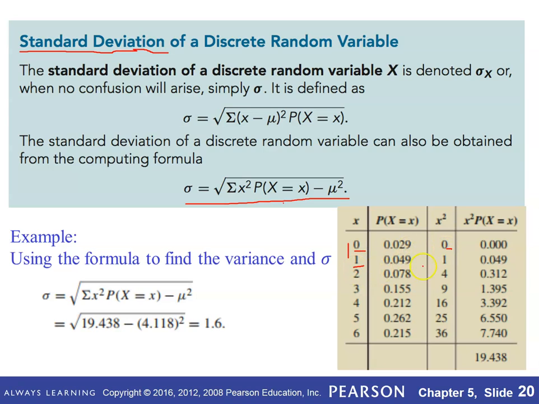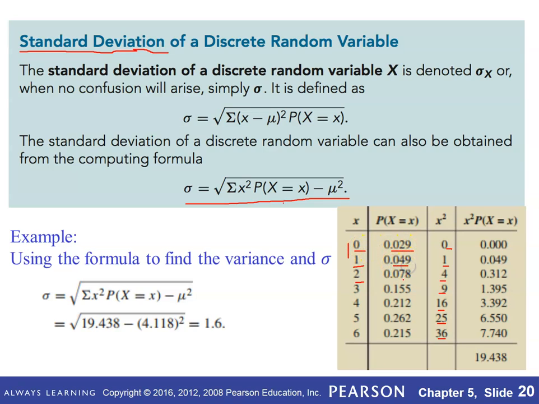We have 1 squared is 1. 2 squared is 4. And that's how we're getting all of these x squared values. 3 squared is 9, 4 squared is 16, 5 squared is 25, 6 squared is 36. And we're going to take each of those x squared values and multiply it by the probability that the x is at that specific value.